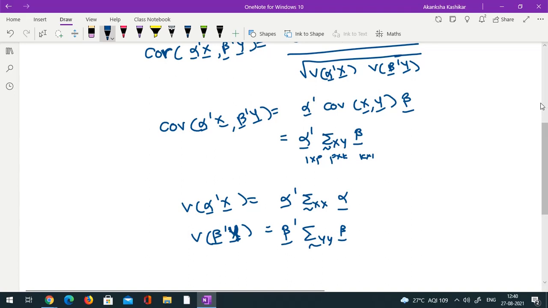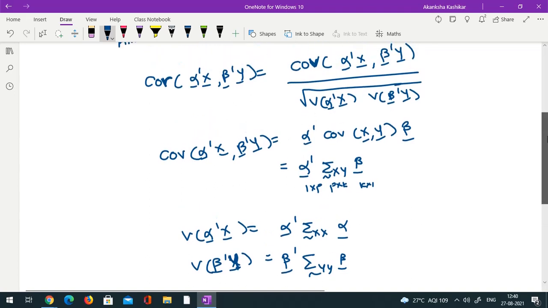Is it okay? Now we have to choose alpha beta in such a way that correlation is maximized. Correlation is a ratio of these two quantities. So if I want to increase the ratio, ideally I should increase the numerator and I should decrease the denominator. Correct? Then the ratio will be maximized.